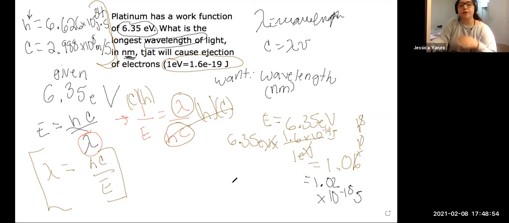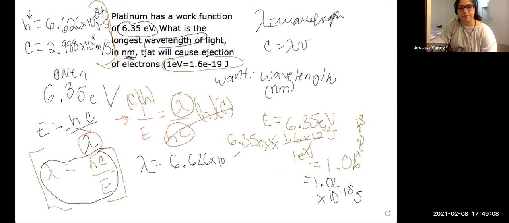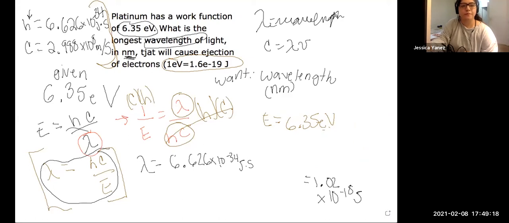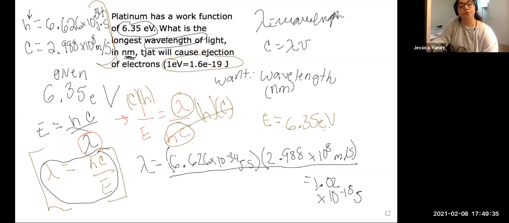Then from there, we're just going to plug everything into the equation that we found earlier. So lambda, our wavelength, is equal to h, which is Planck's constant, 6.626 times 10 to the negative 34 joule-seconds, times the speed of light, which is 2.988 times 10 to the 8 meters per second, over our energy, which we converted into joules and found to be 1.02 times 10 to the negative 18 joules.